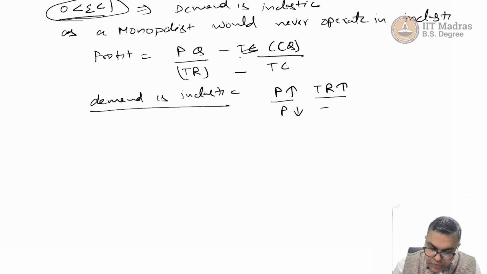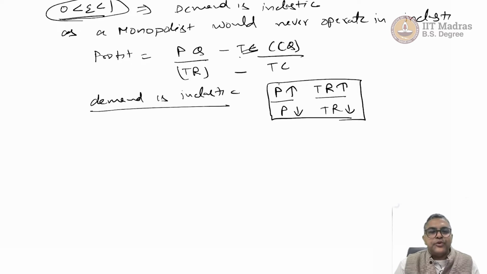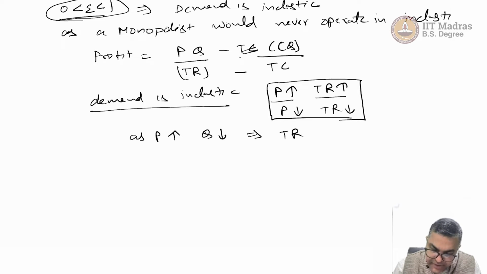As P comes down, total revenue comes down. If you have difficulty understanding this, go back to the video that we had on elasticity. It would help you understand. So P goes up, total revenue goes up. But not only that, as P goes up, Q comes down. As a result, total revenue is going up for inelastic demand, not always, but for inelastic demand.